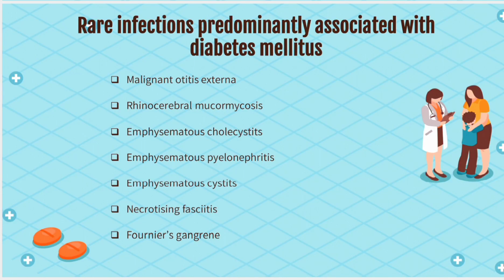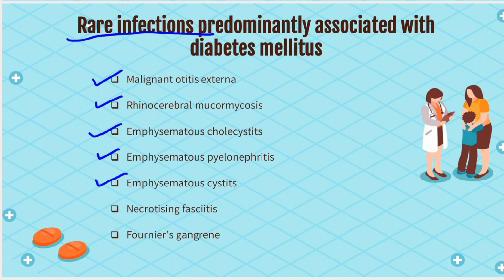Apart from the bacterial infection, the tuberculosis infection and the HIV infection, diabetes is associated with various other rare infections which are malignant otitis externa, rhinocerebral mucormycosis, emphysematous cholecystitis, emphysematous pyelonephritis, emphysematous cystitis, necrotizing fasciitis, and Fournier's gangrene.